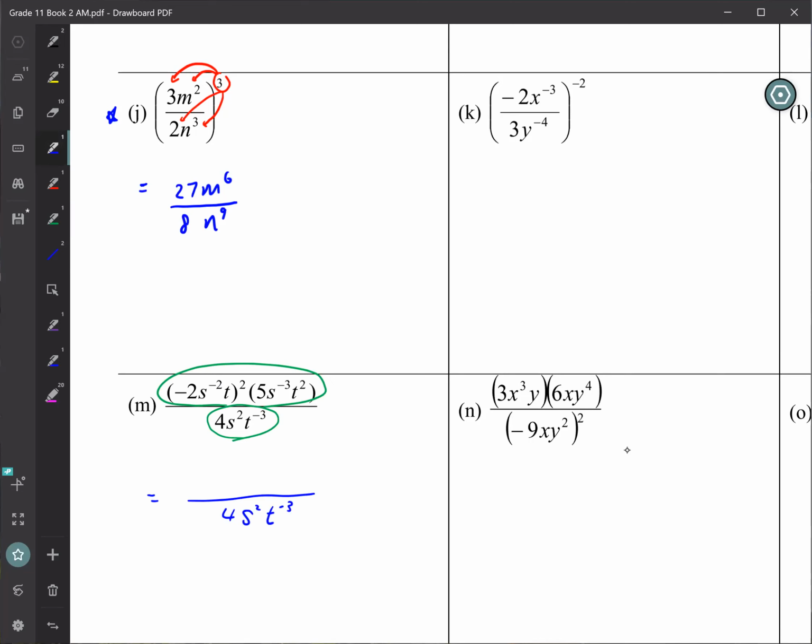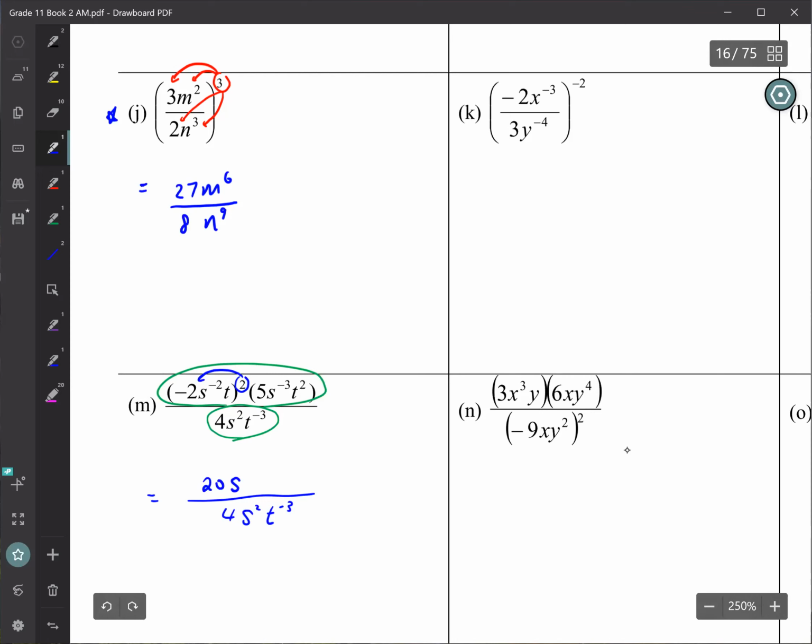Brennan, can you tell us what you get after you multiply? 20 s to the power of -7, t to the power of 4. Where did you get 20? The square of -2 gives you 4, and 4 times 5 is 20.